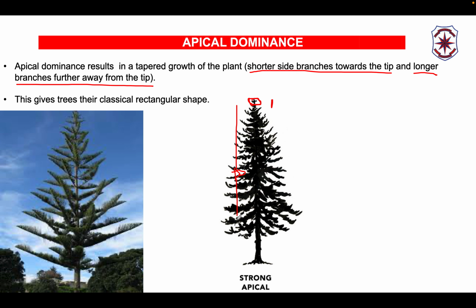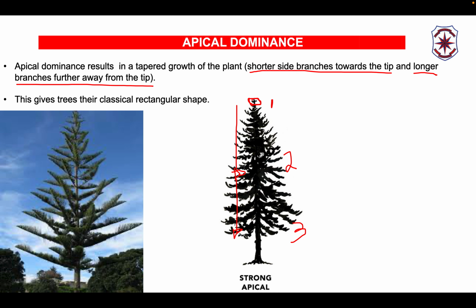So the further down we go on the tree, remember what happens? The further down we go, the fewer auxins we have. So region 2 will have fewer auxins, and region 3 will have the least auxin concentration. Okay, so the further down the tree we go, the fewer auxins there are.